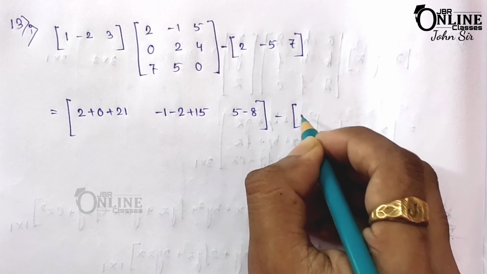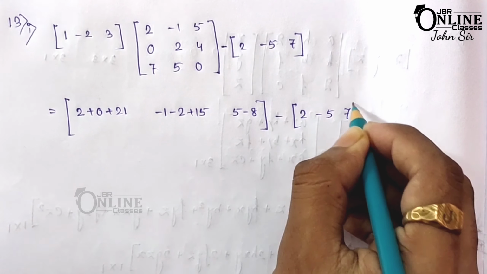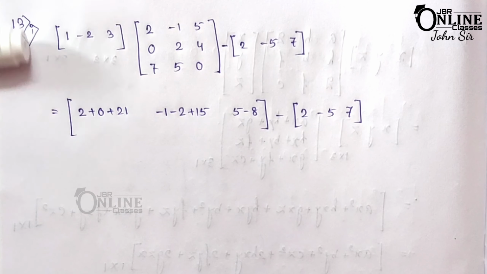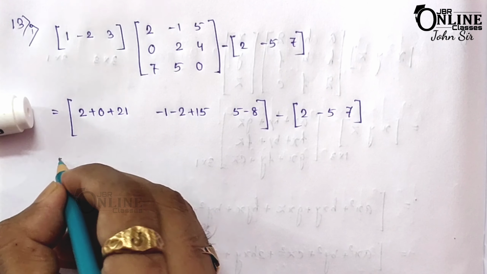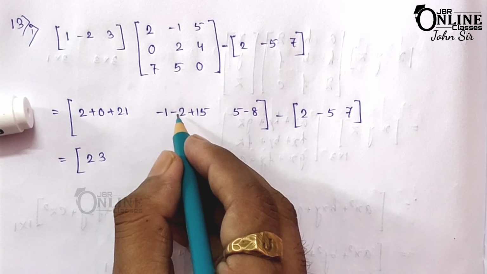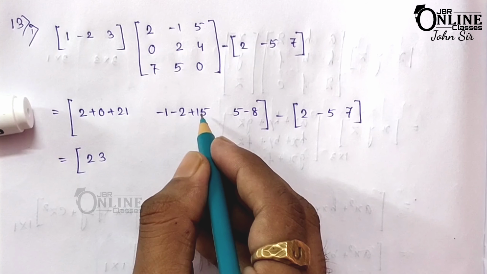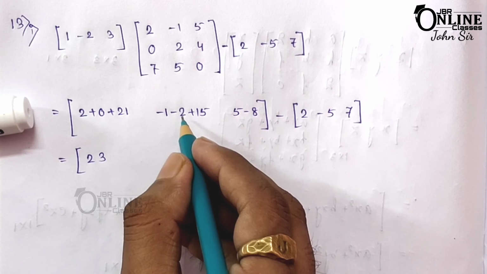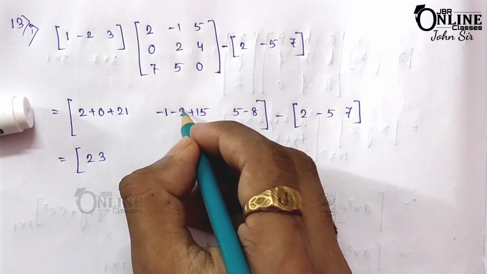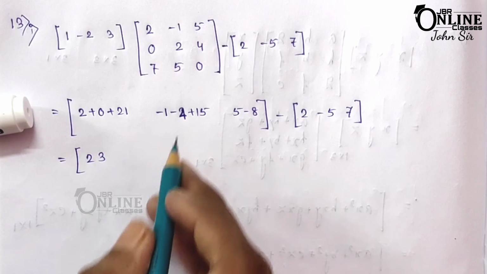So now subtract the second one. Okay, so now here 2 plus 21, that equal to here 23. Then here it will be minus 3, okay, minus 3 plus 15. Sorry, here would be 2 into 2, it's 4, extremely sorry for that.